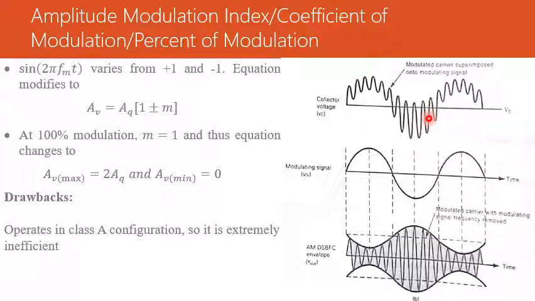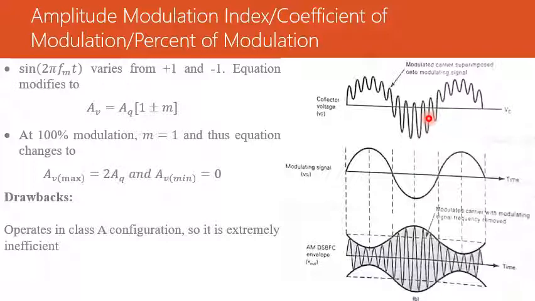So in the circuit, after the collector, we have a coupling capacitor C2 which can remove the modulating signal frequency, hence it can produce a symmetrical AM envelope at the output.